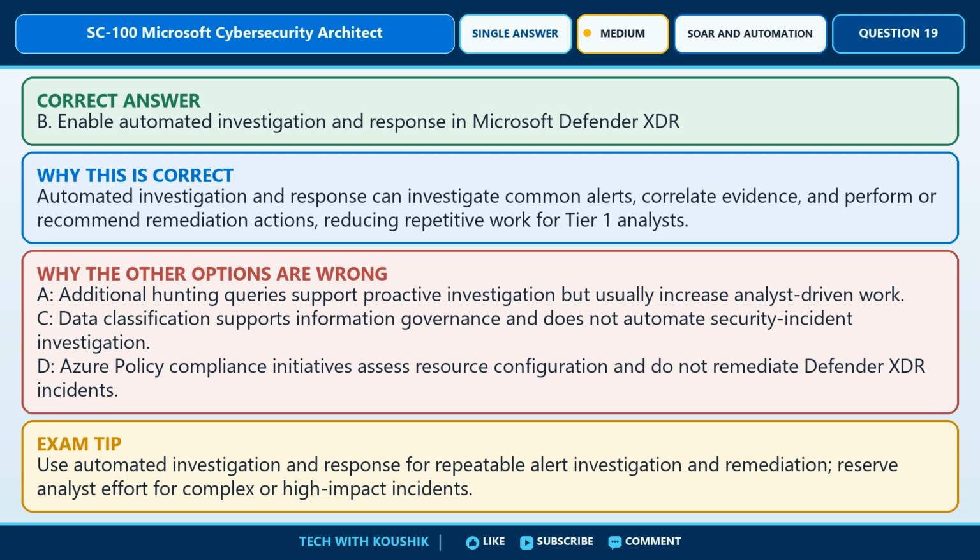C. Data classification supports information governance and does not automate security incident investigation. D. Azure Policy compliance initiatives assess resource configuration and do not remediate Defender XDR incidents. Exam tip. Use automated investigation and response for repeatable alert investigation and remediation. Reserve analyst effort for complex or high-impact incidents.